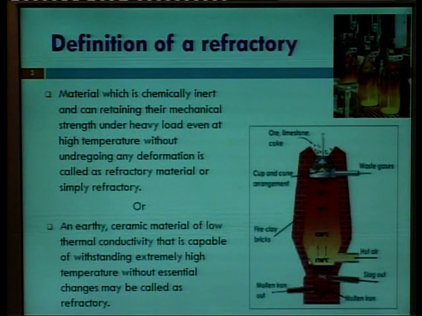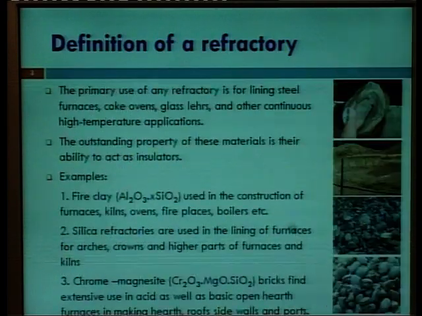Like that you have the blast furnace, open hearth furnace, LD process, etc. Some of the examples we can quote for refractories are fire clay, sand, chromite, magnesite, etc. Fire clay mainly consists of aluminum silicates or complexes.